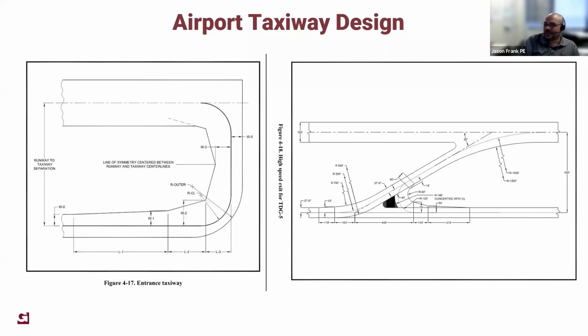The second drawing is the high-speed taxiways. You see those more, like I said, at a DFW or a Bush airport. These are just to expedite aircraft coming off the runway as fast as possible, while also being under control the entire time as they exit the runway.